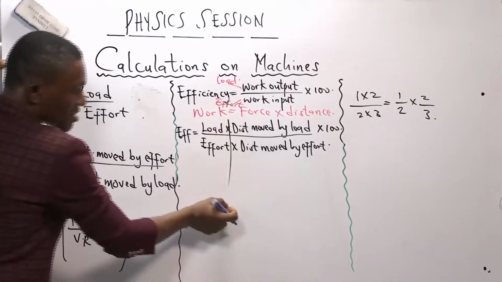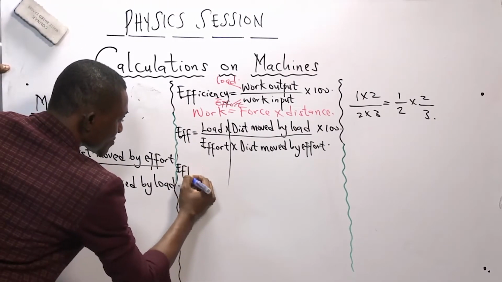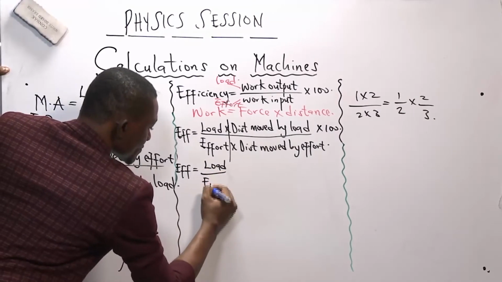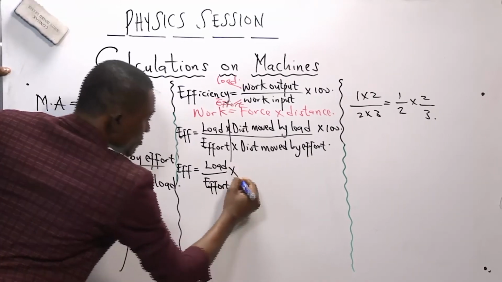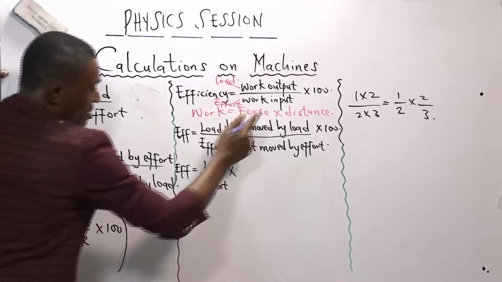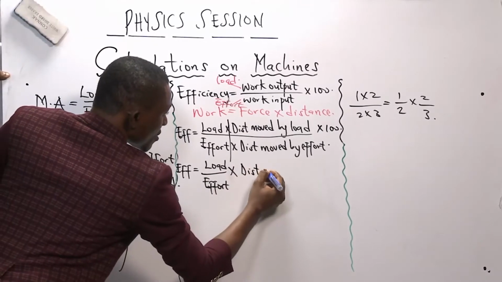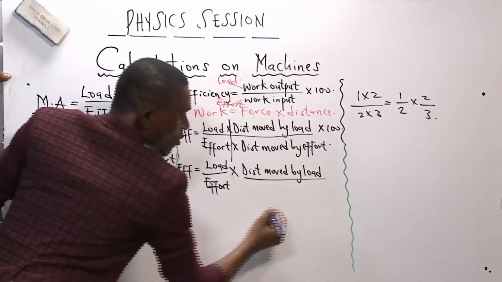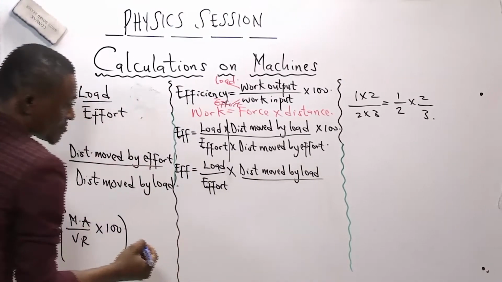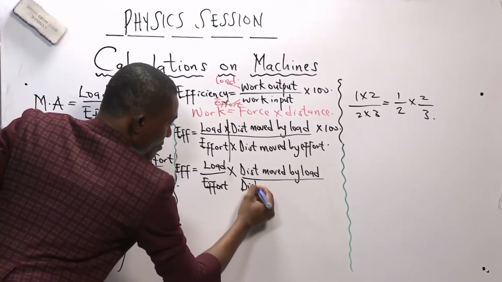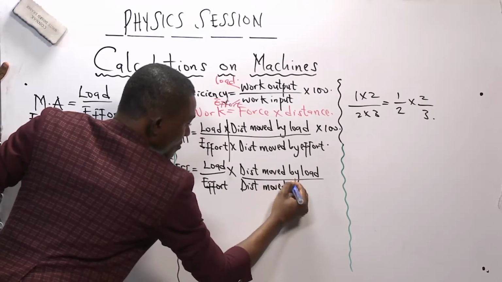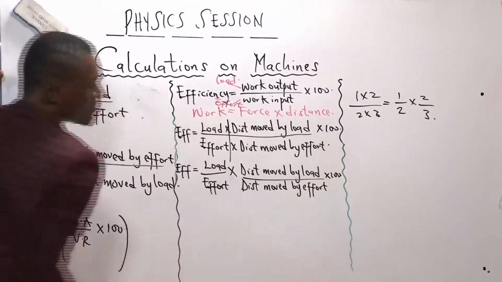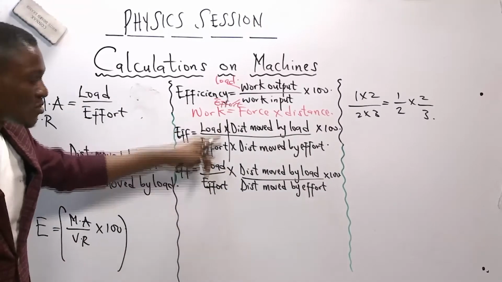I want to separate this so that I have efficiency is equal to load over effort times, you can see what I did there, I separated it, times distance moved by load over distance moved by effort. Then don't forget to put times 100 there. Yeah, so all I did was to separate it.